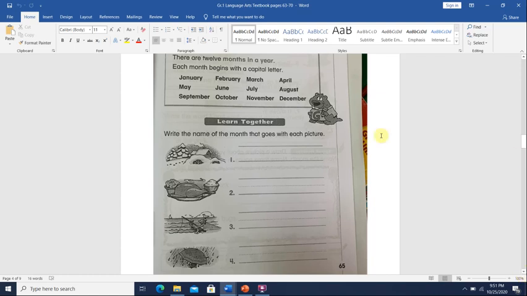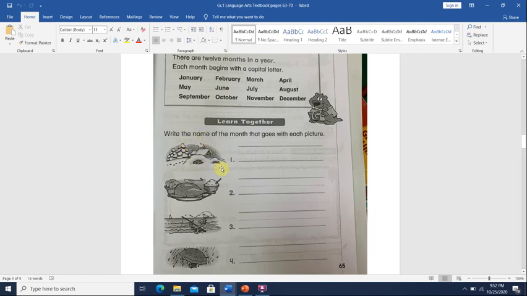Okay, so here number 1, it has snow. That means it's very, very cold. So winter occurs in December, January, and February. These 3 months have very cold weather, and it usually snows in these 3 months.